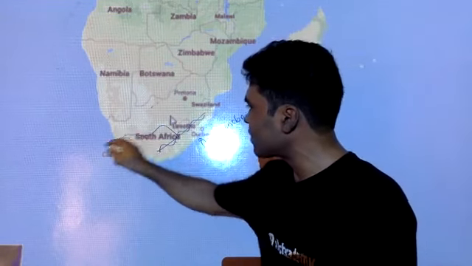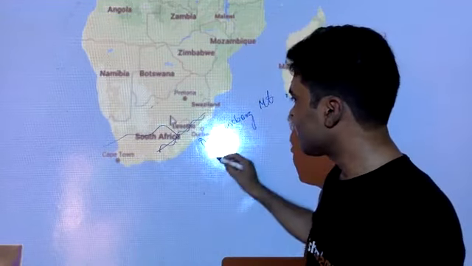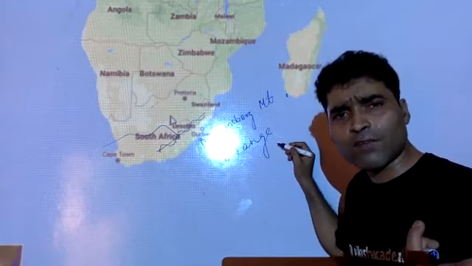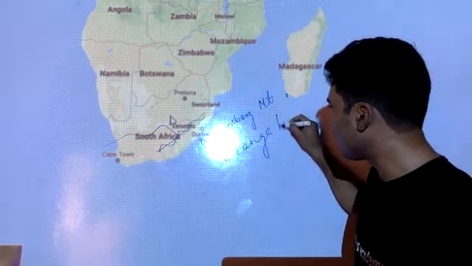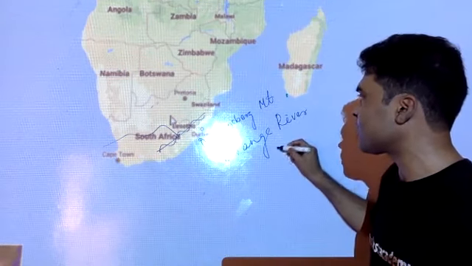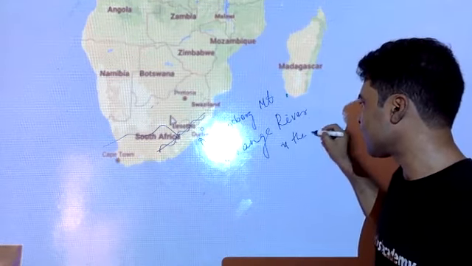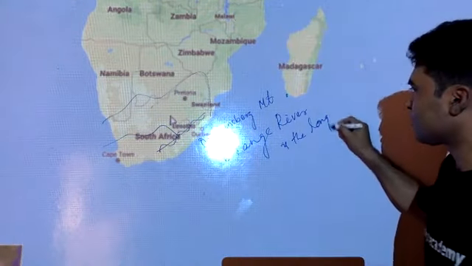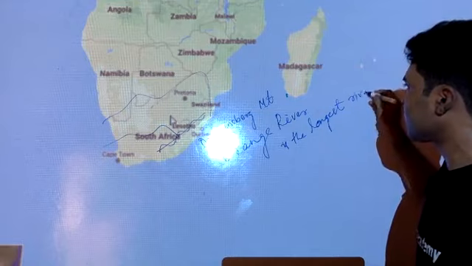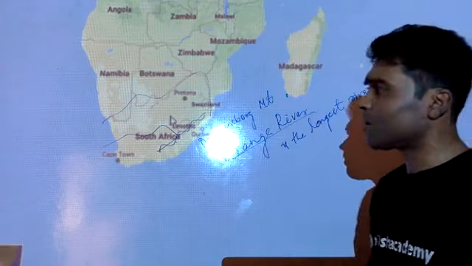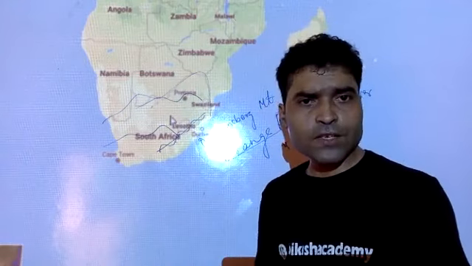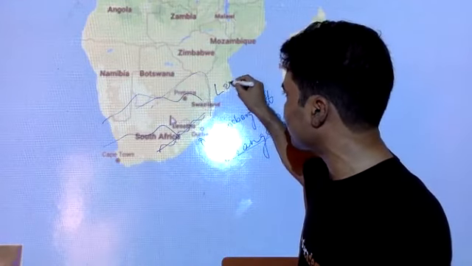And here one river is moving. We call this actually Orange River. Orange River is the longest river of South Africa. Anyway, this Orange River, you have to remember. One river is also moving like this, right? That is called Limpopo River.